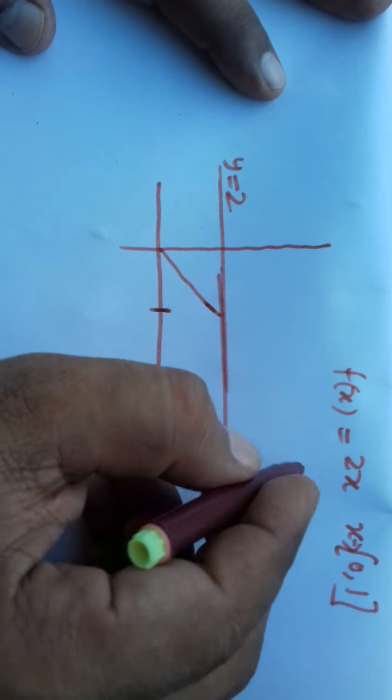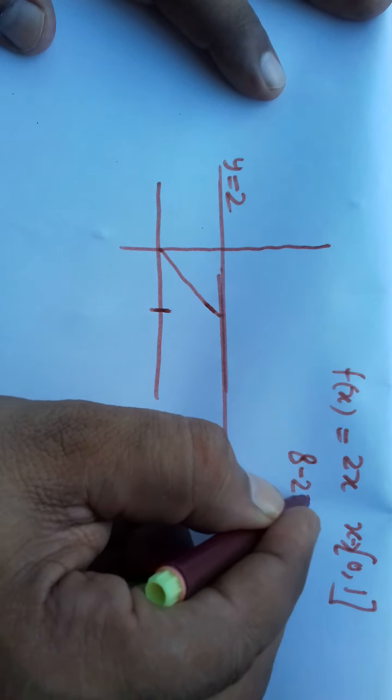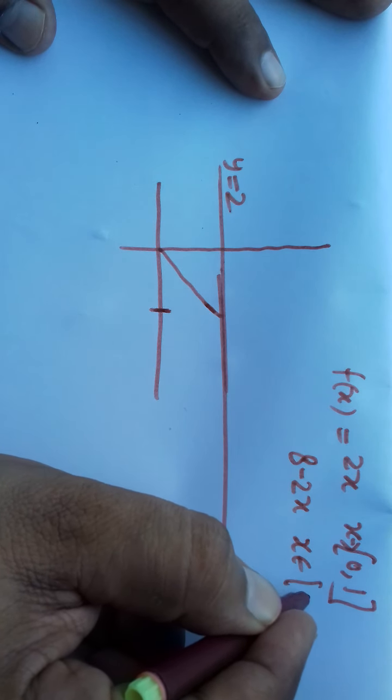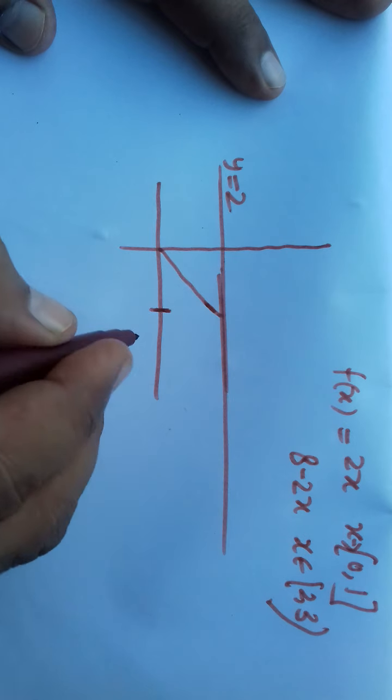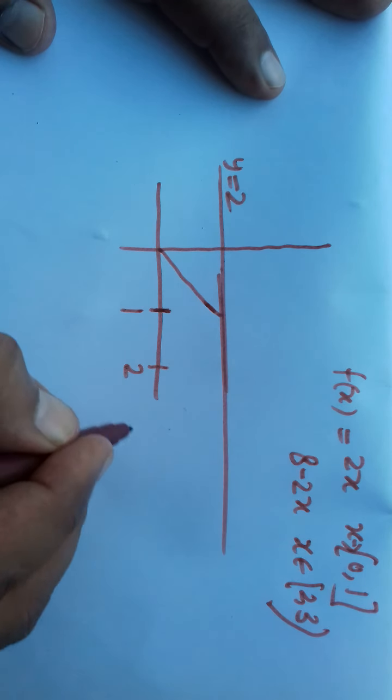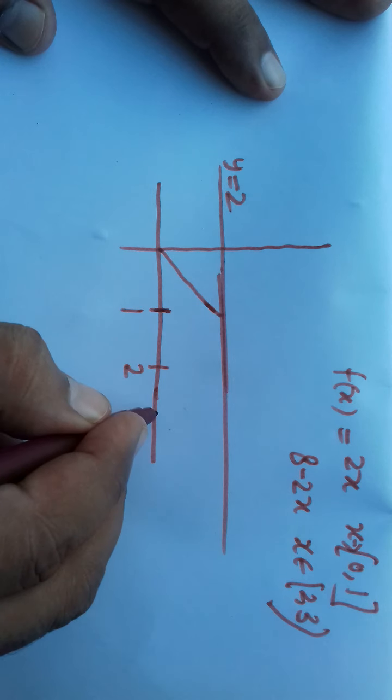There is one more interval, for which f(x) is 8 minus 2x, when x belongs to 2 to 3.